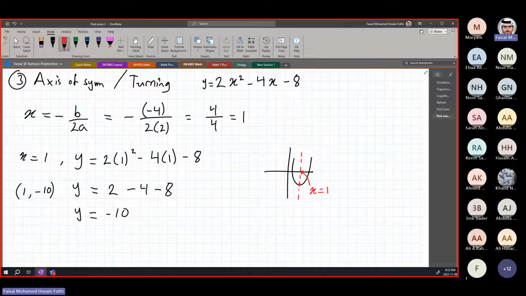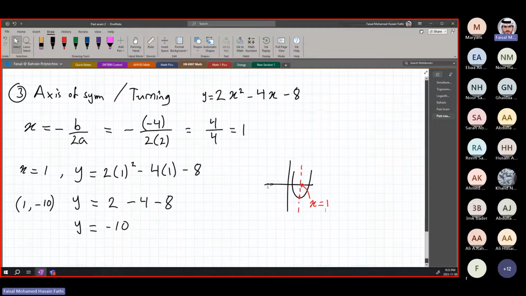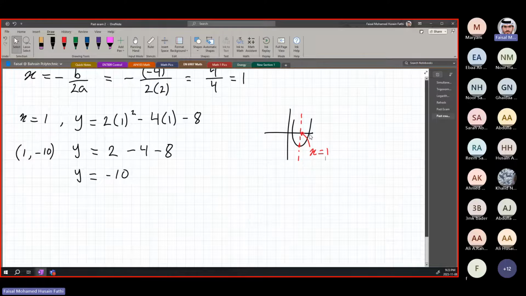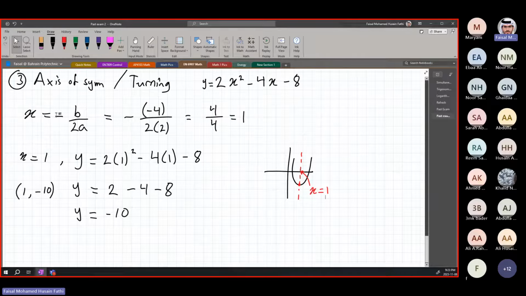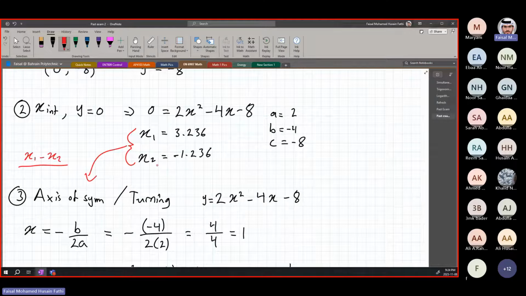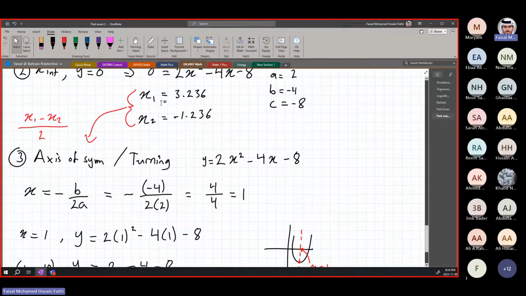Okay, what it means is you can basically do x2 minus x1 over 2 and you will find it, because it is the middle point between the two x intercepts. So an easier quick way is usually either using the equation minus b over 2a, or you could just do from here x1 minus x2 over 2 to find the center. And of course you have to understand the sign: if this is positive and this is negative, the number will be in between both of these.